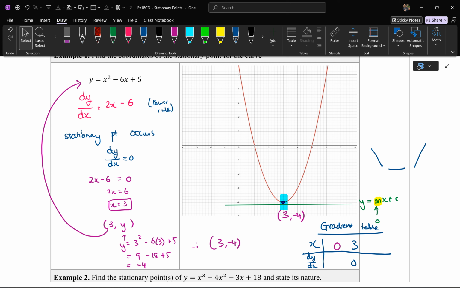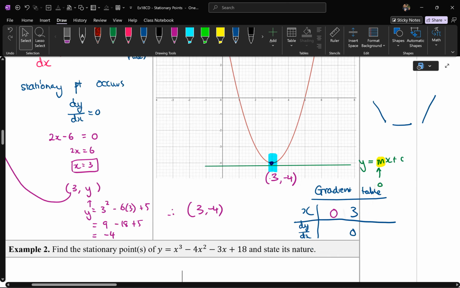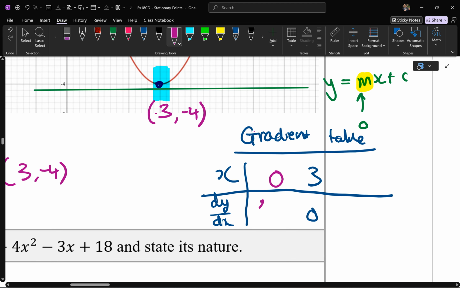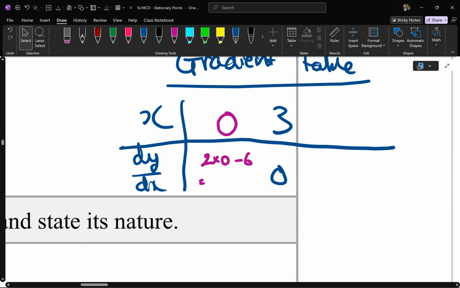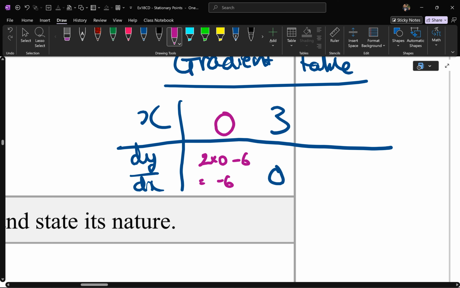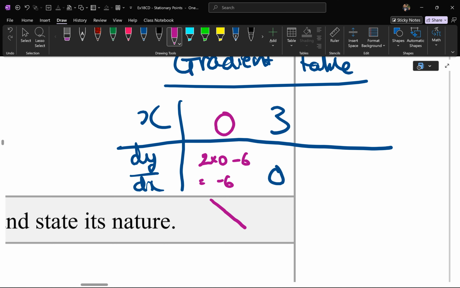Derivative is the gradient. Yeah, so here, if I sub 0 into this equation, this now becomes 2 times 0, was it minus 6 or plus 6? Minus 6. This gives me negative 6. So in terms of the shape, the tangent line should be a negative shape. 0 should look like this.